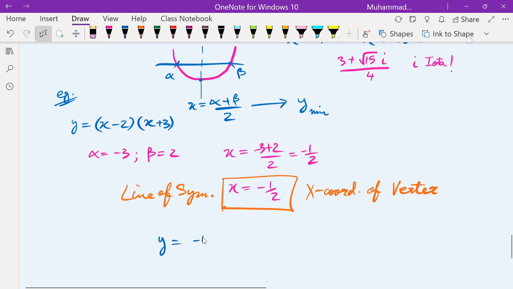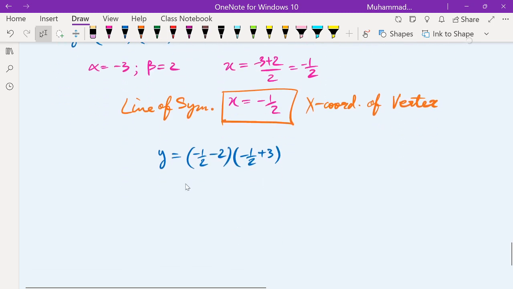So minus half minus 2 and minus half plus 3, the two factors give negative 5 by 2 and positive 5 by 2.